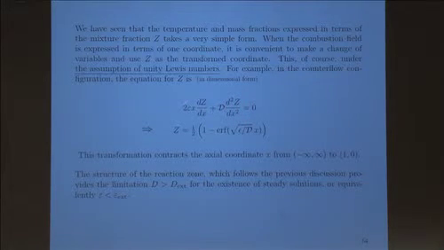And you can solve this equation for Z, which is in terms of the error function. So if the problem is one-dimensional, varying only along one direction, there is a relation between Z and the coordinate.